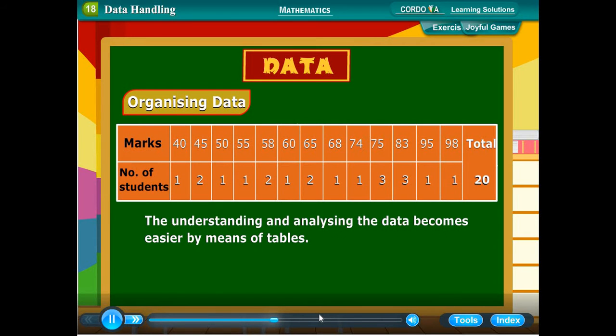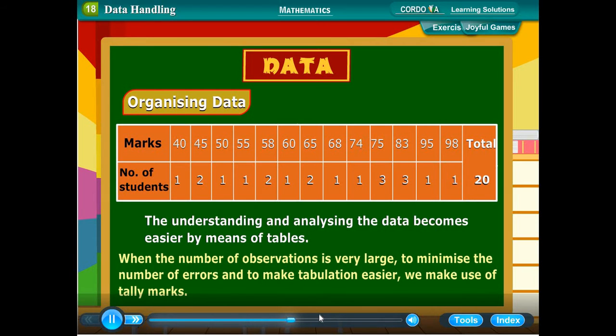Marks, number of students: 1, 2, 1, 1, 2, 1, 2, 1, 1, 3, 3, 1, 1. Total 20. Understanding and analyzing the data becomes easier by means of tables. When the number of observations is very large, to minimize the number of errors and to make tabulation easier, we make use of tally marks.